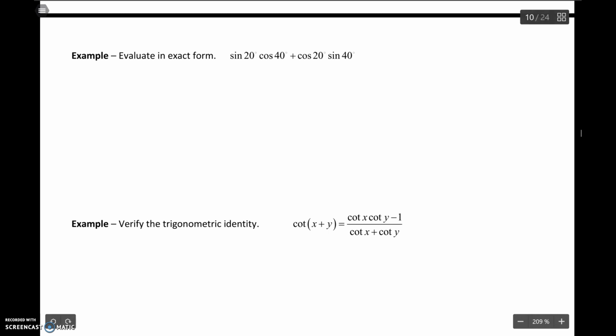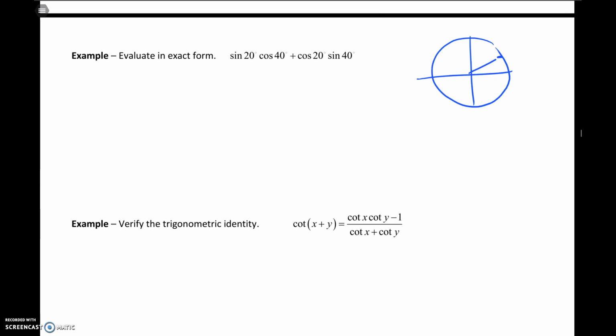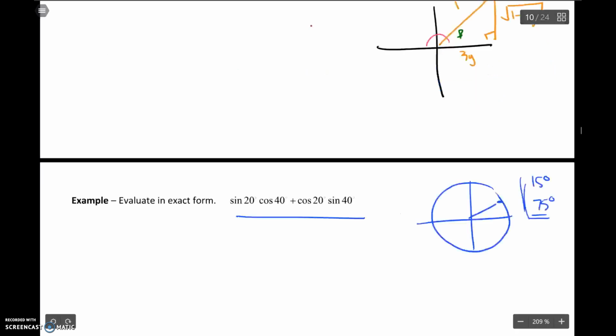All right, evaluate in exact form. We can't evaluate this using our unit circle, because 20-degree angles are not angles on the unit circle, unfortunately. 30, 60, 45 are. We can even now do 15 degrees and 75 degrees with our new formulas. But 20 degrees and 40 degrees are not going to work. But if you look at this expression, it's exactly in the pattern of our identities.